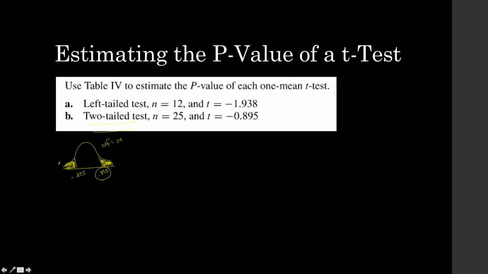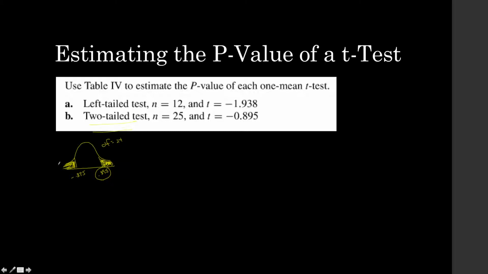All right, so let's go to the back and look at Table 4 for 0.895. Well, first of all, go to the degrees of freedom 24. Now, if you notice, 0.895 is smaller than any other value in that row.